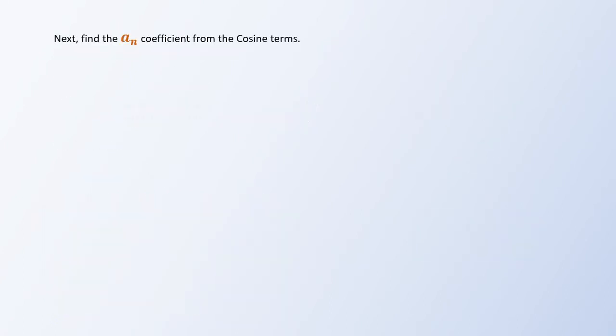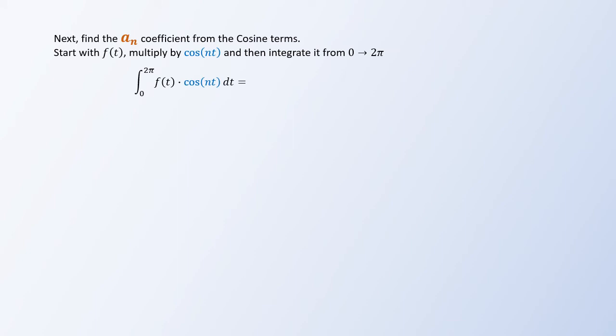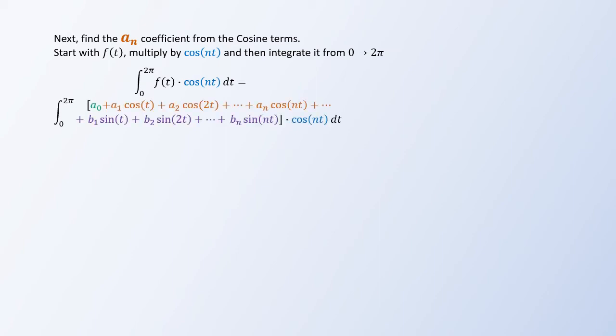So the next step is we have to find the an terms, all of the cosine terms. And the trick we're going to use here is we're going to multiply the whole thing by cosine of nt and then integrate. So we're going to say the integral of f(t) times cosine nt dt is the following.